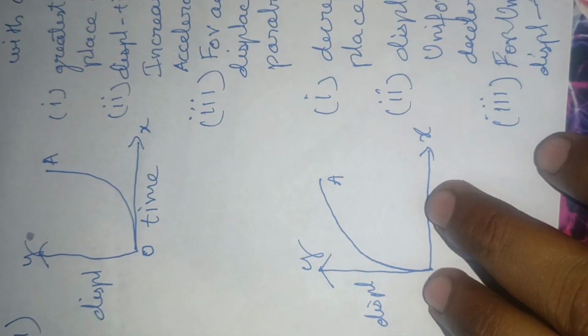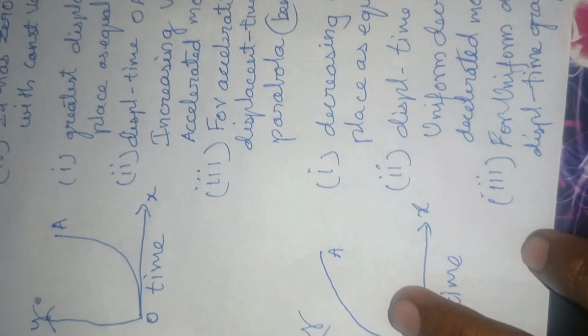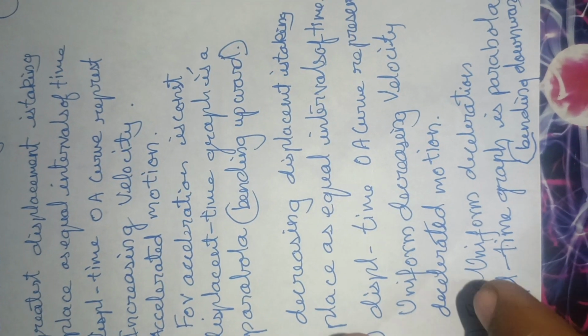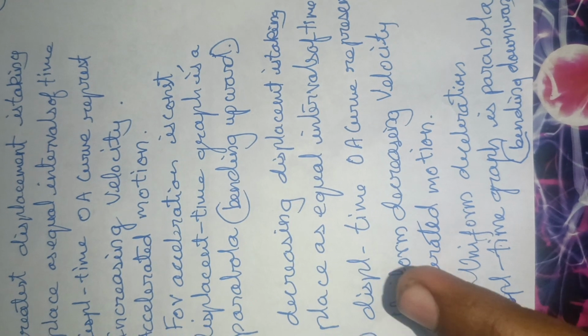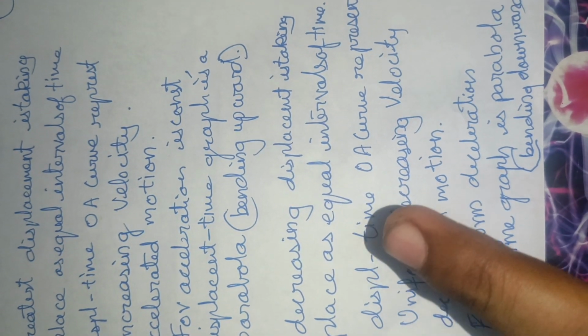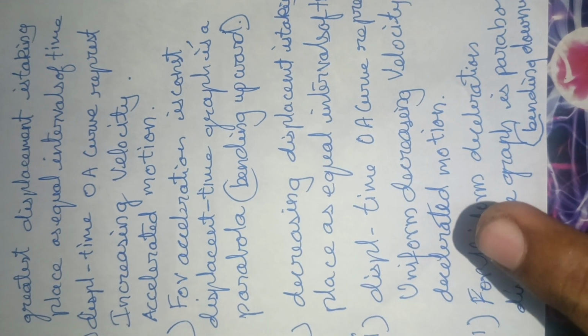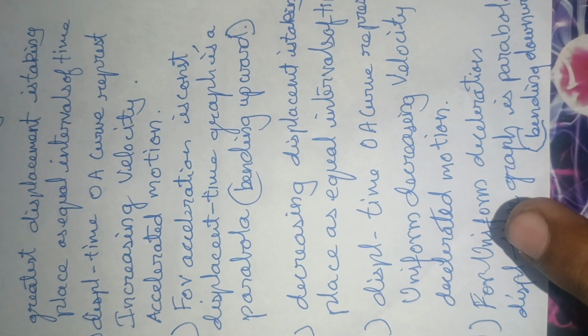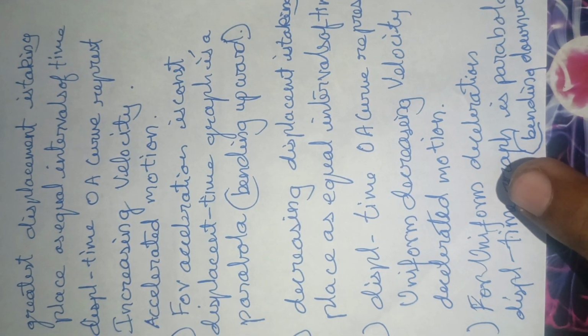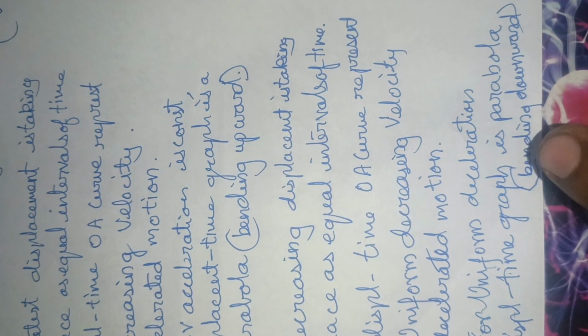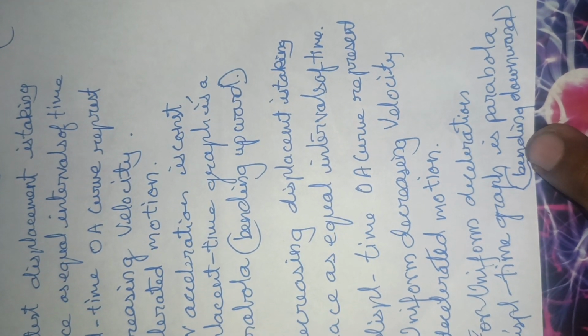The next is a parabola which is bending down. The decreasing displacement takes place in equal intervals of time. The displacement time curve represents uniformly decreasing velocity, so it is decelerated motion. For uniform deceleration, the displacement time graph is a parabola bending downward.